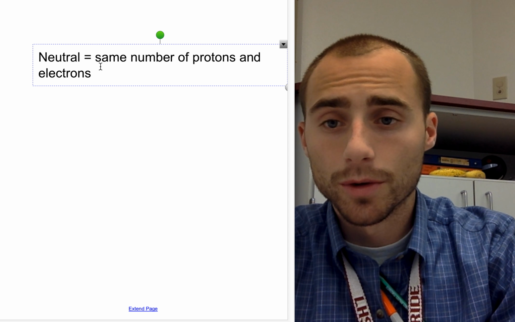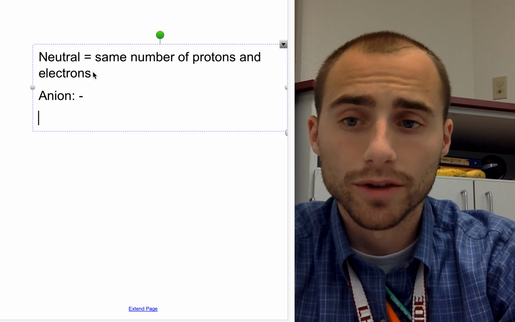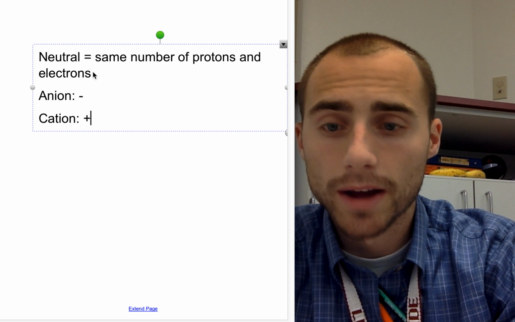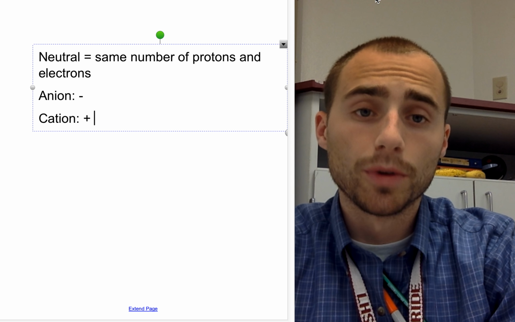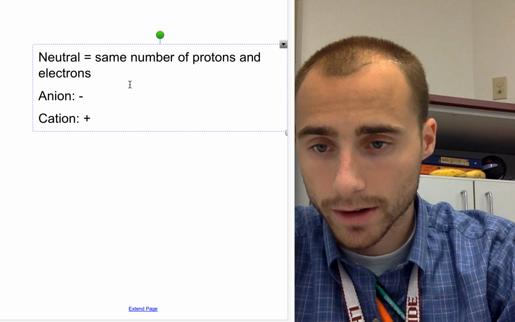Whereas an anion is negatively charged, meaning that it has more electrons, and a cation, like the Hg we just looked at, would be positively charged. That means it has more protons. Cation, cats, positive. Cats have pos, they're positive. So cations are positive, anions are negative. Neutral has the same number of protons and electrons.